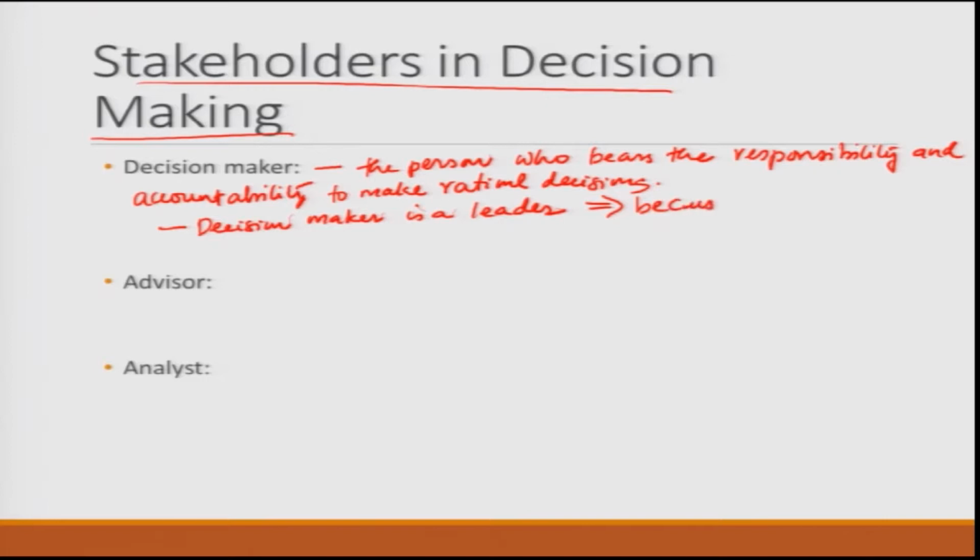Because the decisions influence the organization. So, the person with the responsibility and accountability to make rational decisions is called the decision maker, and that is the person who makes the decisions and with whom the responsibility of the decision remains.